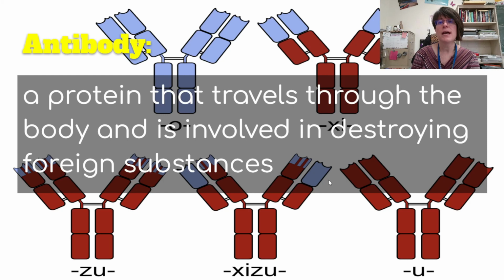And so it does that same thing with other foreign substances. It will recognize, say, a virus or a bacteria by matching up an antibody with proteins or carbohydrates on the outside of that cell, like a puzzle piece.